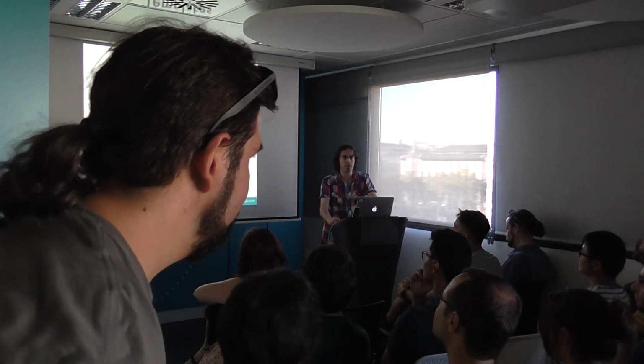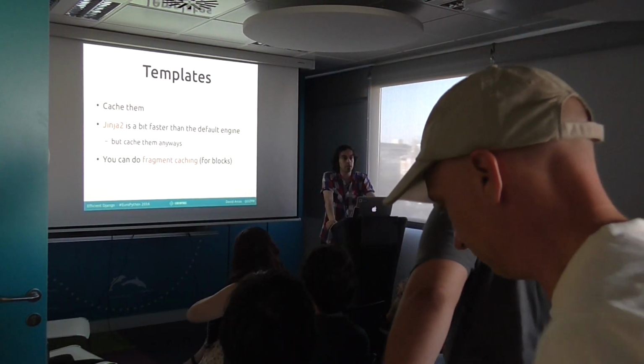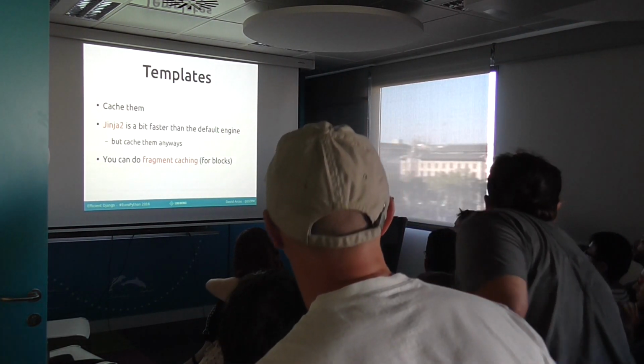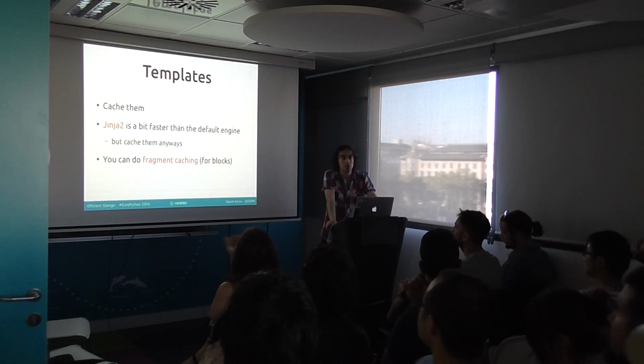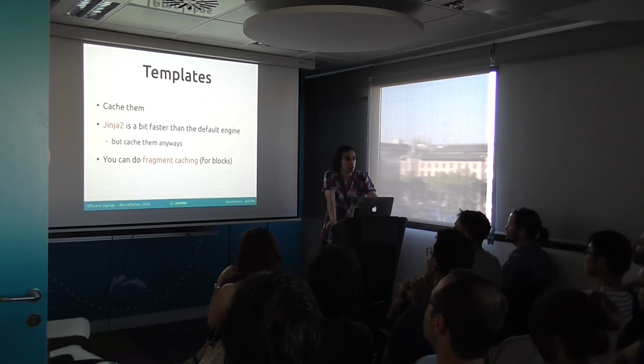What else? The templates. In Django, we have the templating system, which is very complete and has very good documentation. So for templates, you don't need to do anything big, because usually with the default settings, they are already cached. So cache the templates. You can use Jinja tool that is a bit more efficient than the default templating system. It's more complex, allows for more features.